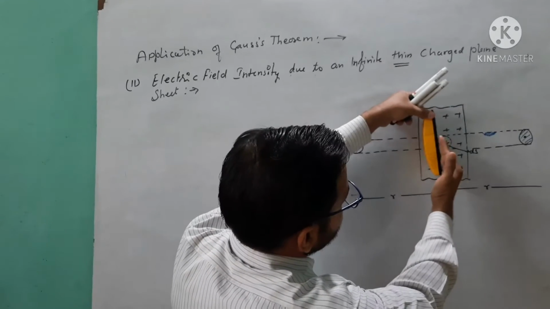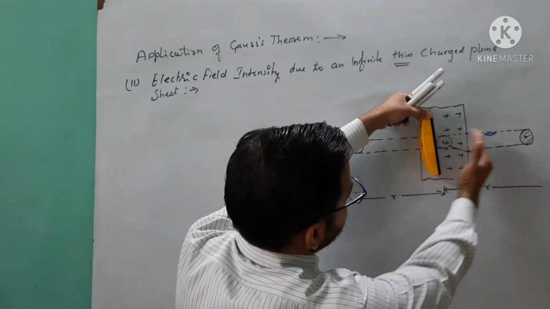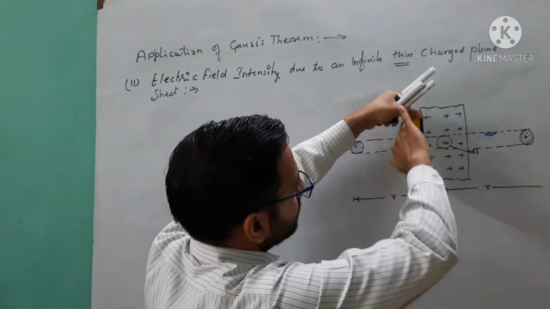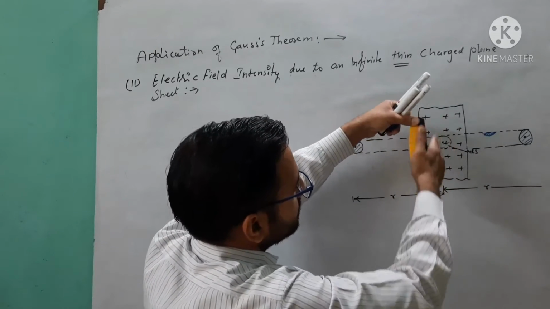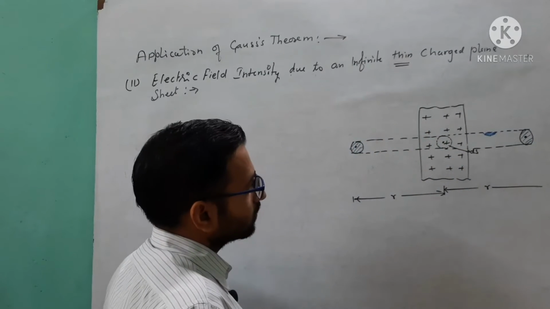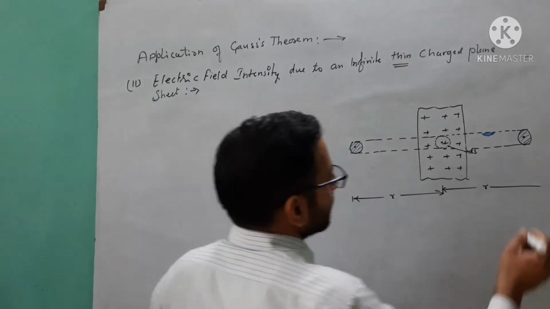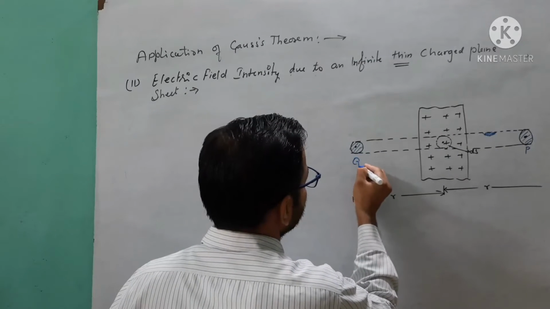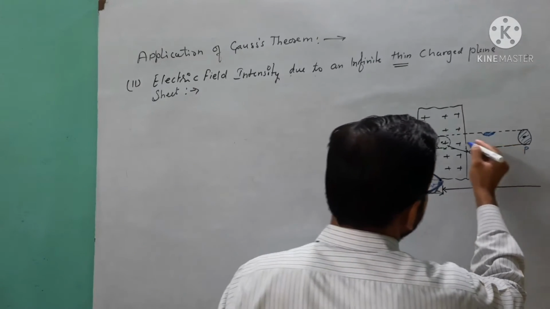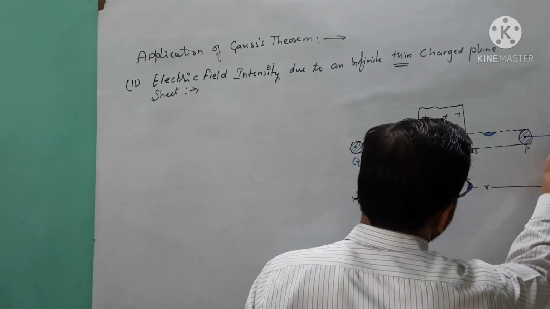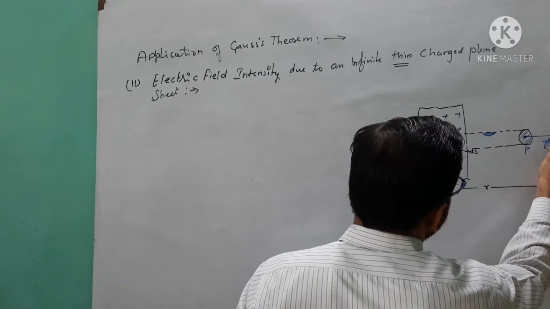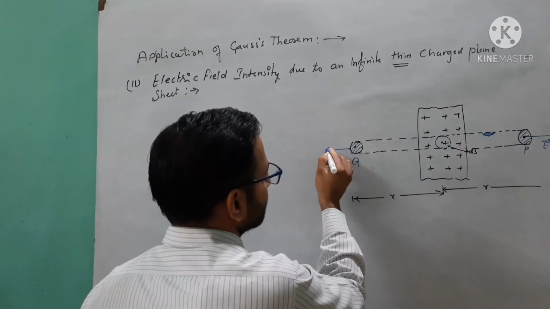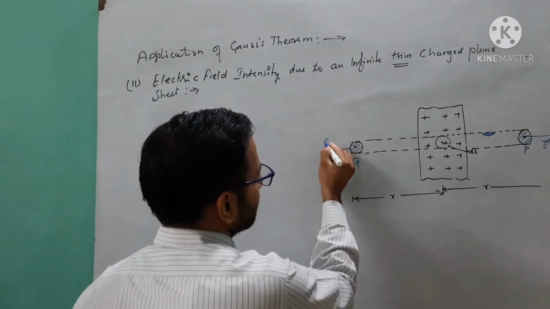This is a thin sheet, and the uniform charge is distributed in it. We will find the electric field intensity at points P and Q. The direction of the electric field is to the right because the charge is positive, and similarly on the other side.